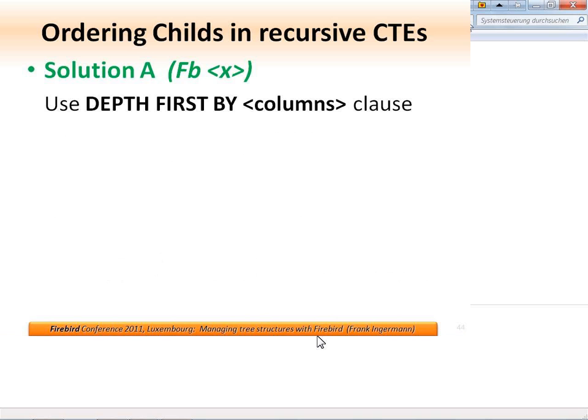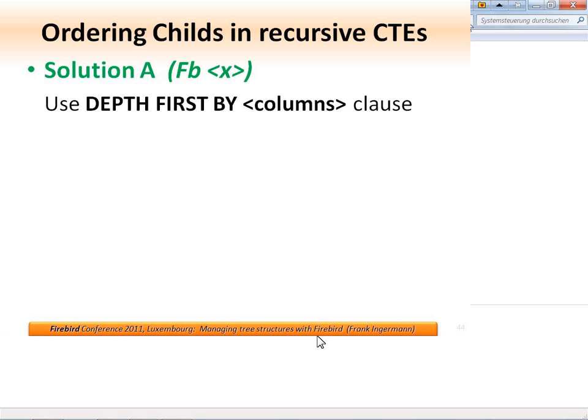I have 4 solutions to this problem, and actually 2 of them really work, but not so well. The others do not. The one perfect way to do this is that the SQL standard defines a clause, especially for CTEs, that says depth first, and then hopefully comes breadth.